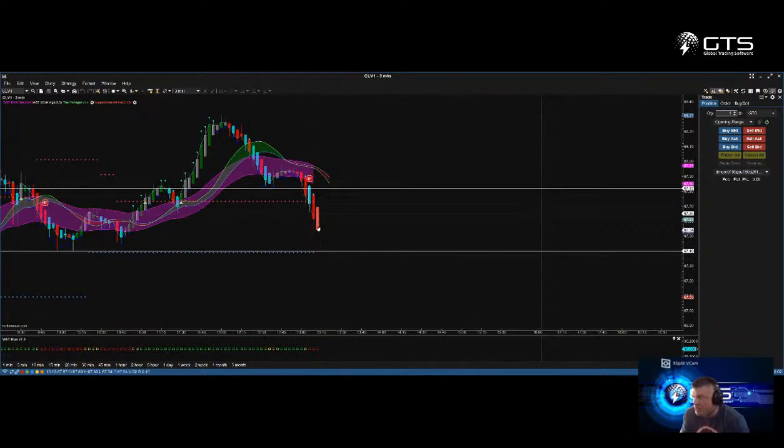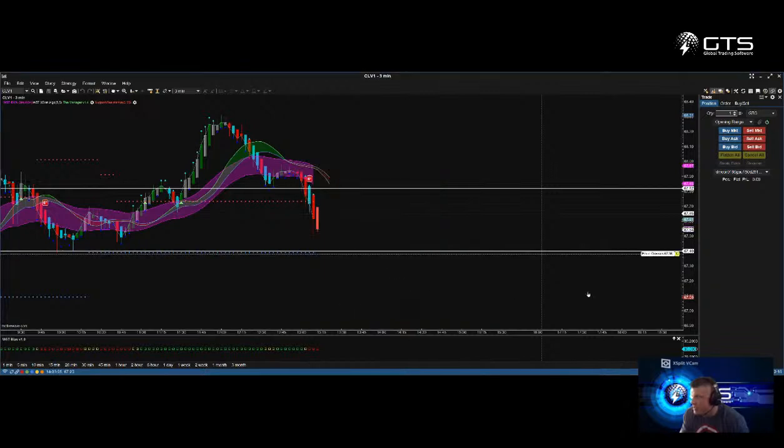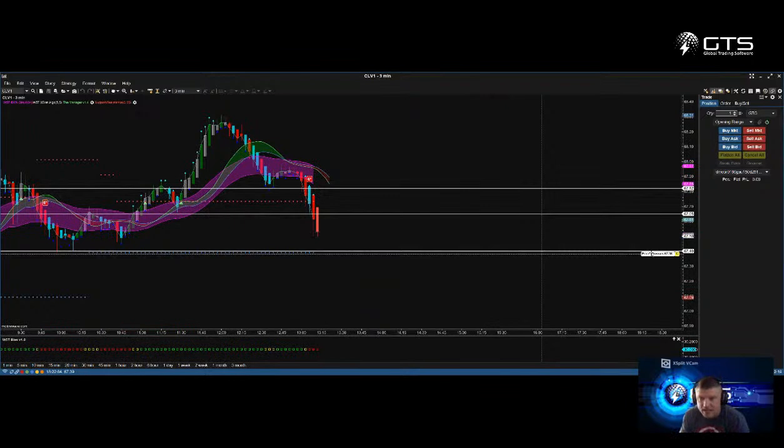There we go. Now we're talking here. Now remember, you don't want to short into support, right? So let's give this thing a little bit of room here, and we'll set an alert for the lower side at 67.38. Let's see how that goes. And let's see if she gets down here.